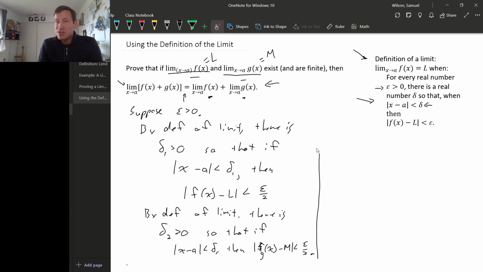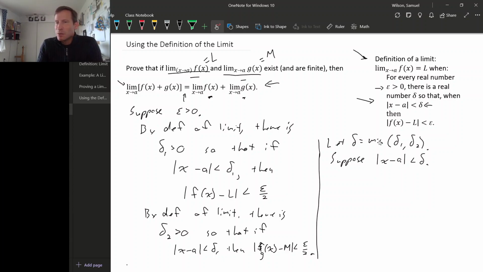Now what I need to do is pick my overall delta. So I'm going to let delta be the minimum of delta 1 and delta 2. In other words, the smaller of the two. And let's suppose that we have an x value so that the absolute value of x minus a is less than delta.